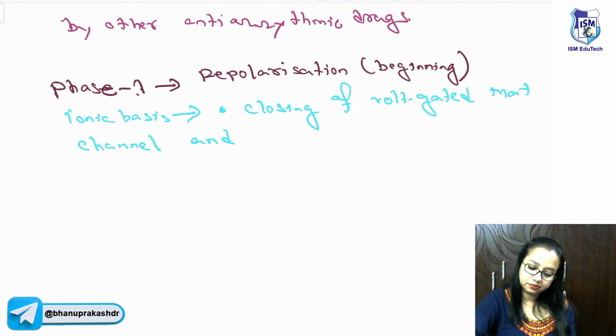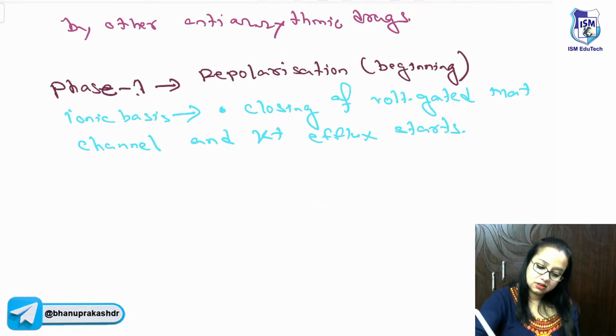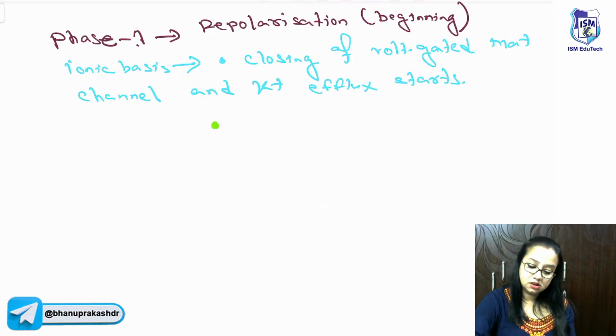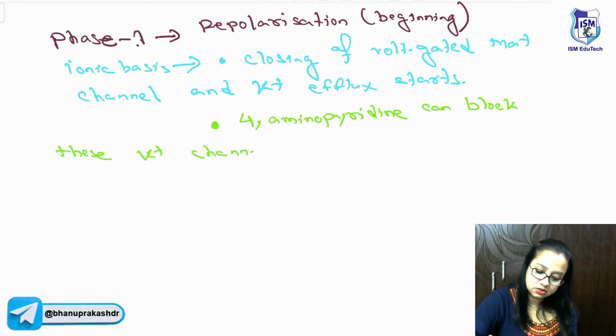So here what happens? The potassium efflux starts, and the clinical importance of this region is that drugs like 4-aminopyridine can block these potassium channels.